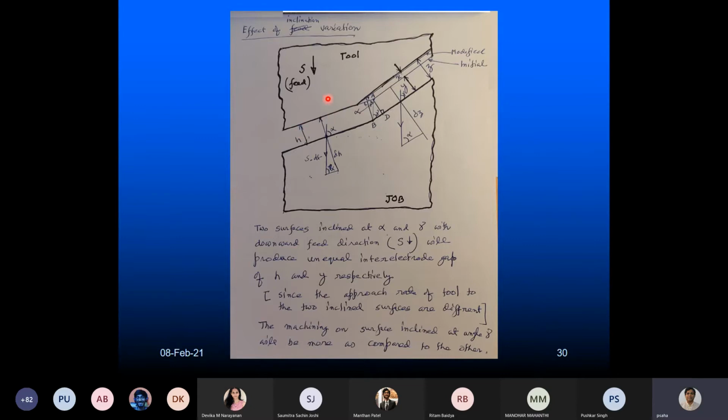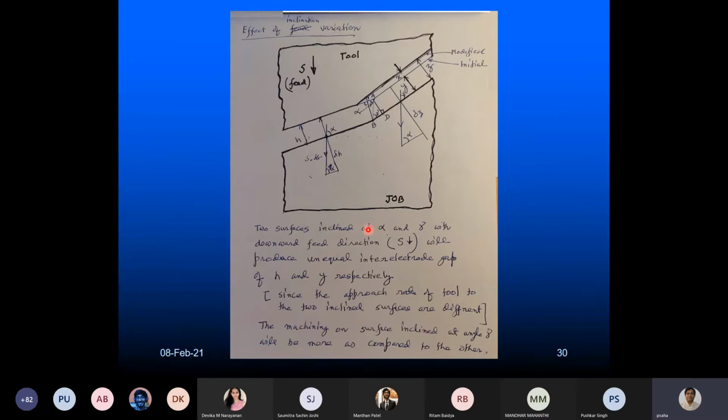But this inter-electrode gap, you see here, this face is inclined with an angle of alpha. Okay. So this angle is alpha and this angle is gamma. So the two surfaces of the tool are inclined at angle alpha and gamma with the downward feed direction, which is S. Downward feed direction of the tool, that is S.